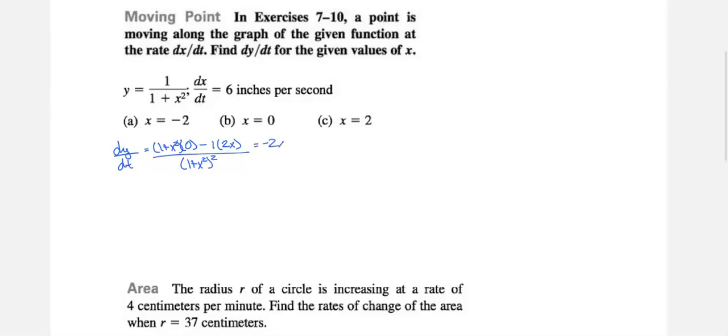So we're going to get negative 2x over 1 plus x squared squared. Now remember, we're taking this derivative with respect to time, so we're going to write a dx over dt here. So dx over dt.